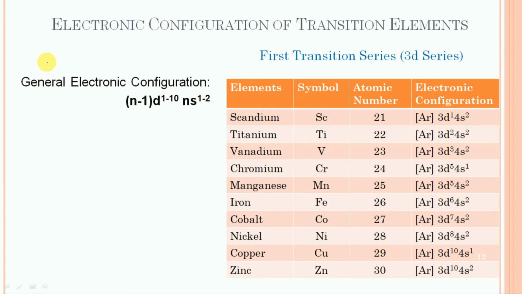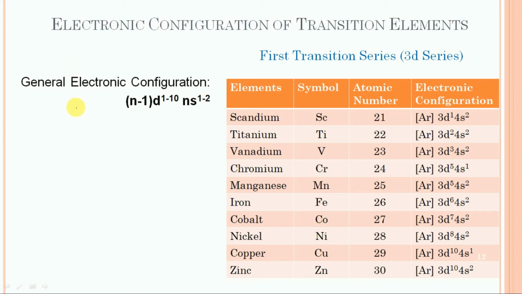Next is the electronic configuration of transition elements. In the atoms of transition elements, the outermost energy level has ns1 or ns2 configuration, and the penultimate shell has 1 to 10 electrons.